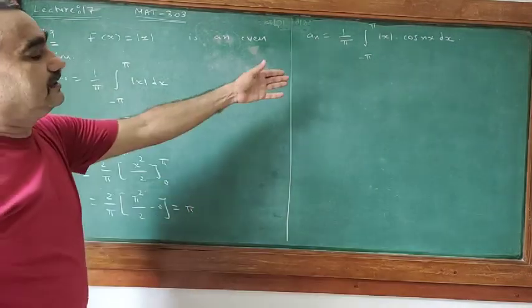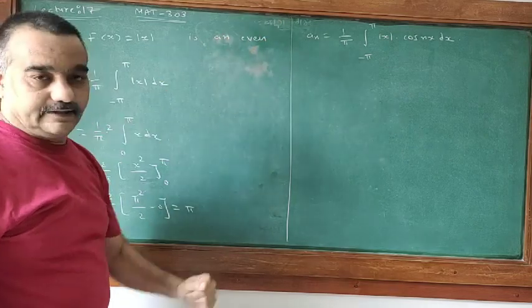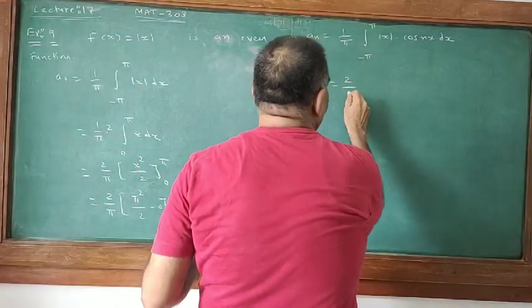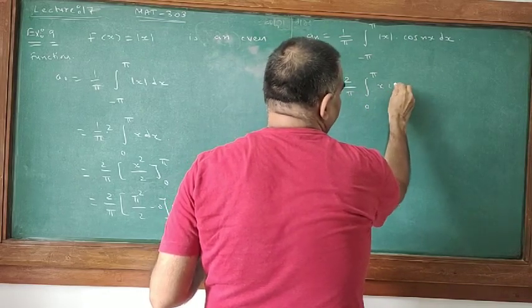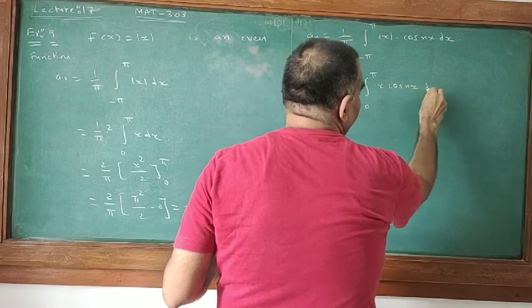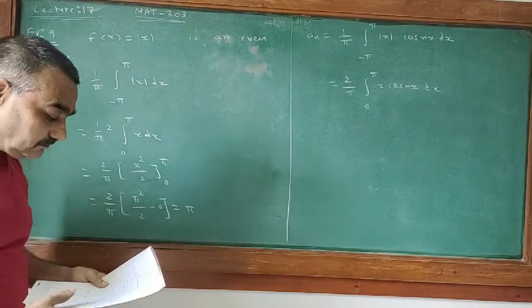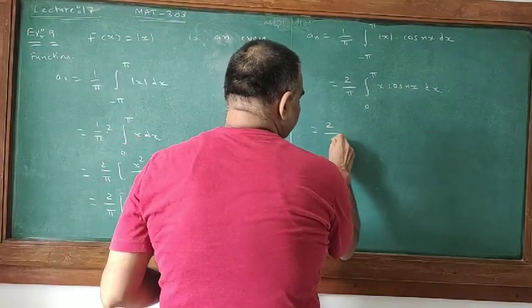This is the definition of Fourier series coefficients. This is equal to 2 upon pi, integral from 0 to pi of x cos nx dx.